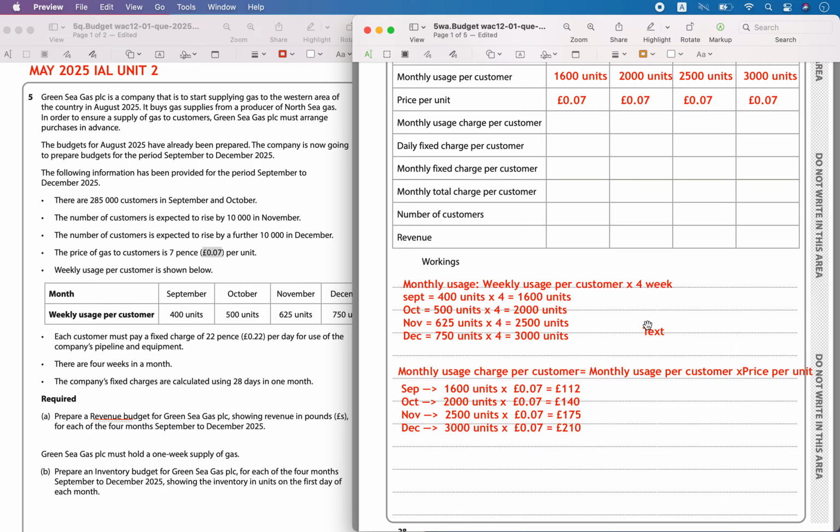Now let's fill in the table. For September it is 112 pounds, then it increases to 140 pounds. In November they paid 175 pounds, and in December you will pay 210 pounds.